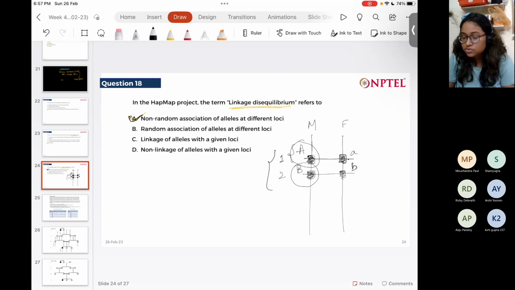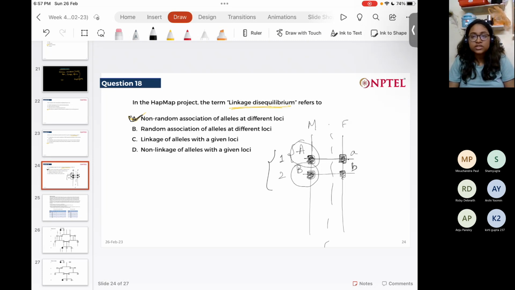In normal conditions, these two chromosomes cannot be inherited together into a single gamete. In abnormal cases like non-disjunction that can happen, but normally the two homologous chromosomes always separate and get distributed into different gametes. So in the normal case, these two alleles cannot be inherited together. For any two genes to be inherited together, they have to be present at different loci.